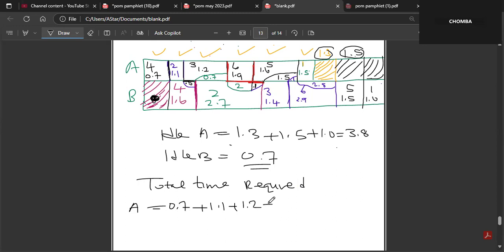So you're adding all those: 0.7 plus 1.1 plus 1.2 plus 1.9 plus 1.6 plus 1.5 plus 1.3 plus 1.5 plus 1. That gives 11.8 hours.